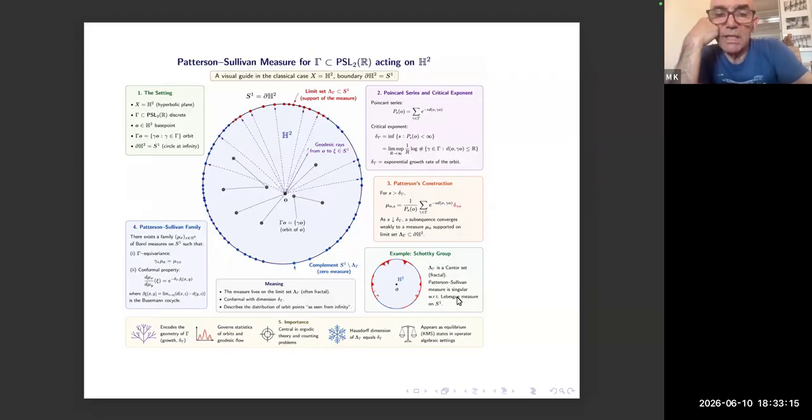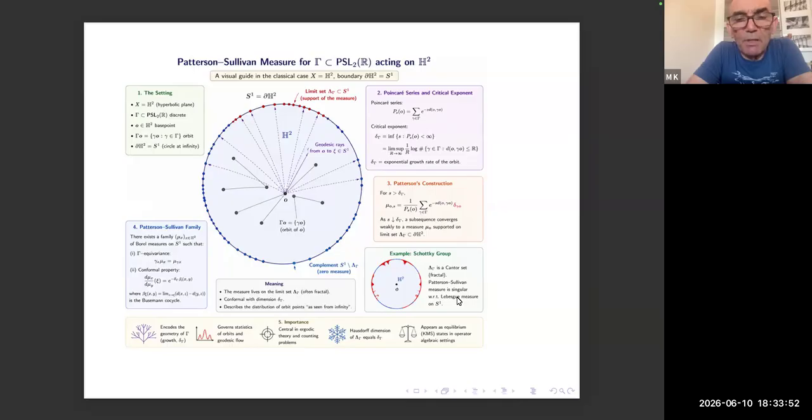You fix one of these, and then you study the limit sets of this action. You look at the orbit of a point, define an equivalence relation among different orbits, and these define the limit set Lambda Gamma.